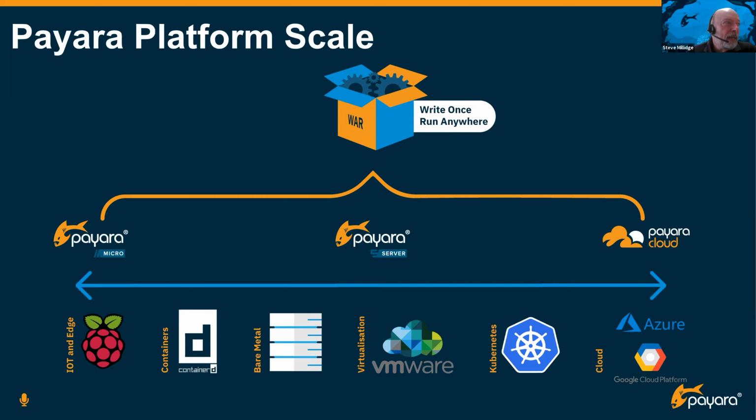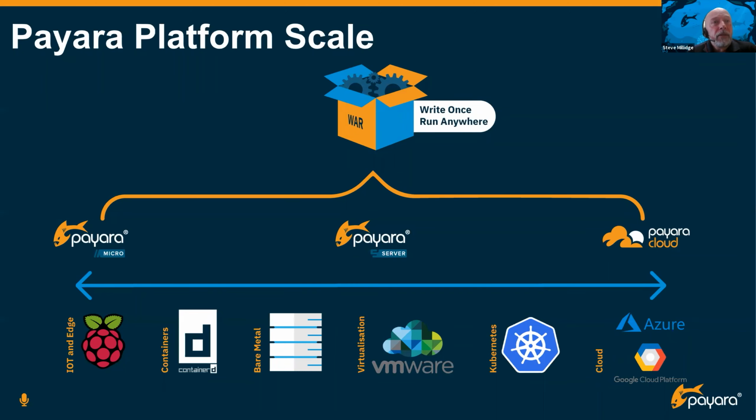I'd say it's about 80 megabytes as a download, and that covers the whole of the Jakarta EE web profile APIs, plus a bunch of others that are useful, like batch and concurrency and JMS client. And that can run on very small edge servers or Raspberry Pis.